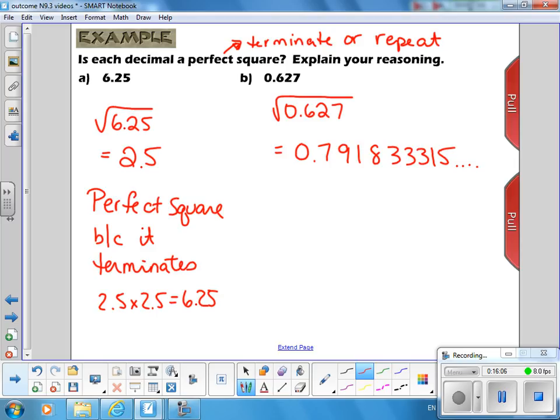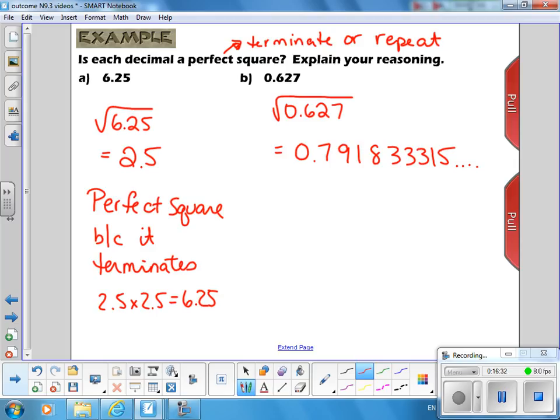So we can say it's not a terminating decimal to our knowledge. All right? Potentially, maybe it terminates a couple decimals down. We don't know that. So if it fills up your calculator screen, let's make the assumption that it does continue. So we know it's not terminating. We have to look, is it repeating? There is no value here that ends up repeating over and over and never changes.